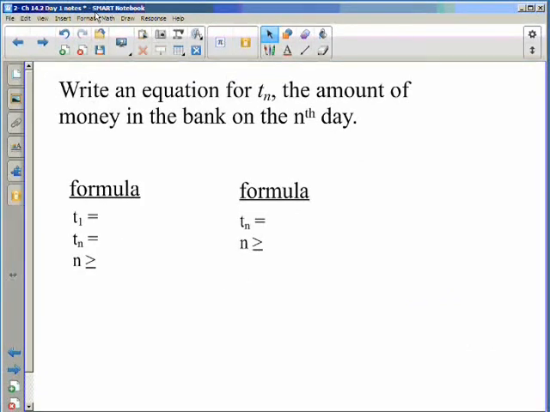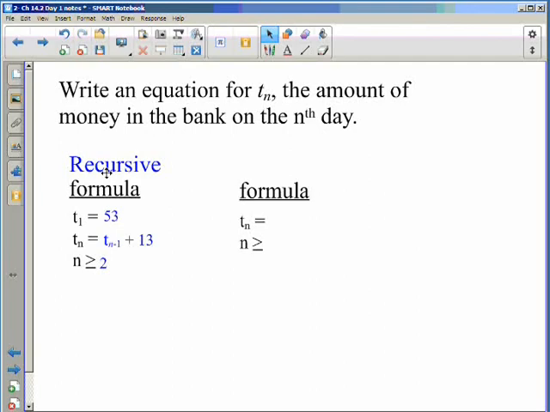And now we want to write an equation in general for T sub n, the amount of money in the bank on the nth day. And this first formula is called recursive. And it looks like this. We take our first term, 53. We take any term in the future, T sub n, and we set it equal to the previous term, T sub n minus 1, and we just add the common difference, plus 13.